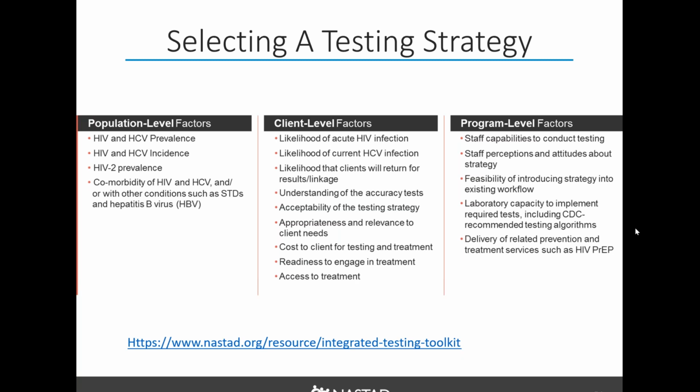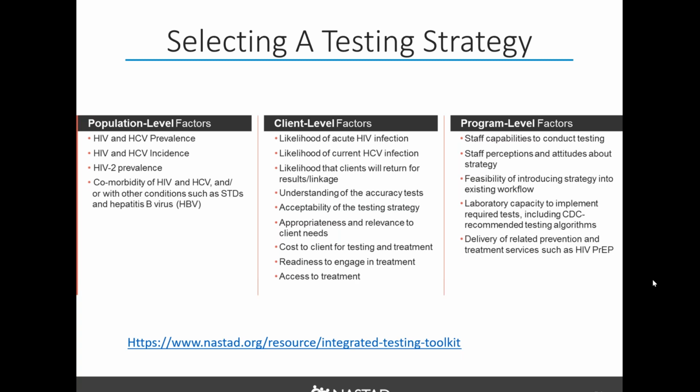But we may want to look at different testing technologies, and I think we're encouraging you to do this, to see how you can enhance your testing and linkage services. And I think this is particularly apt as we are moving into a period where we expect some influx of resources around the Ending the HIV Epidemic funding.